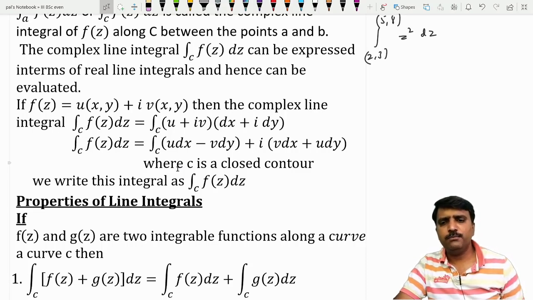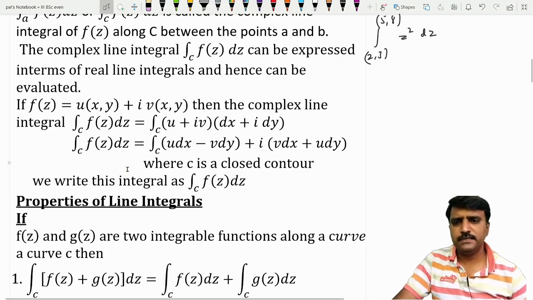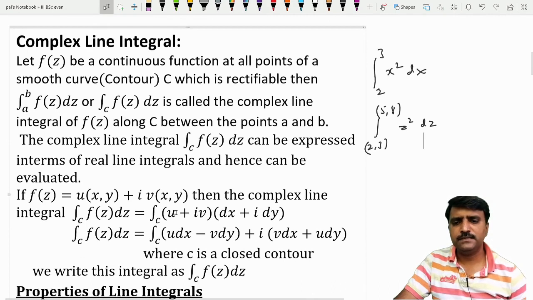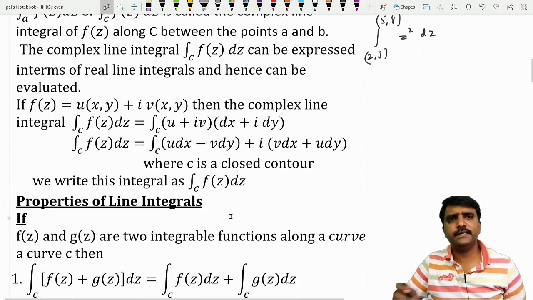Then we can simplify the complex line integral. What is f of z? f of z is u plus iv, into dz. What is dz? dz is dx plus i dy.